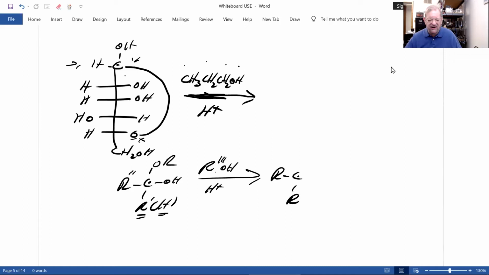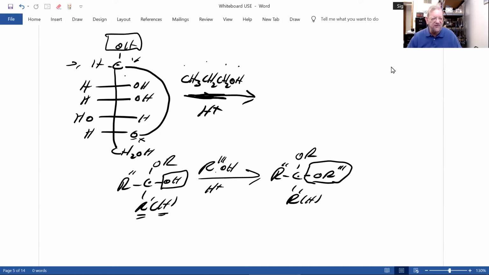What's attached to that carbon is still attached. The only thing that changes is this becomes this. Therefore, the only thing that's going to change is this. Therefore, everything else I can rewrite, and I will.